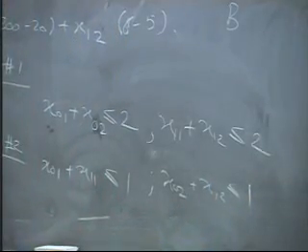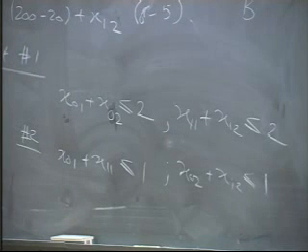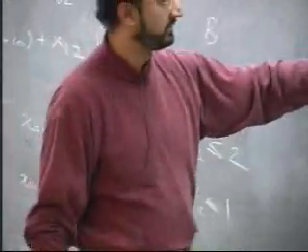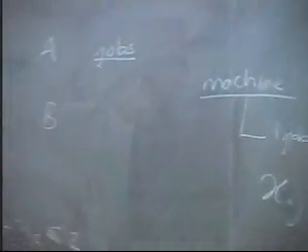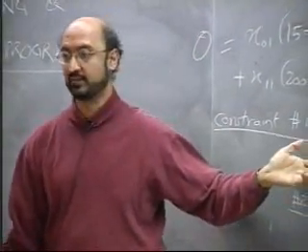So this is the second constraint. The first one says you can't have more than 2 jobs because there are only 2 time periods. And the second one says in every time period you can only have 1 job. That's what I said over here: 1 job per time period. And this one just says only 2 time periods.